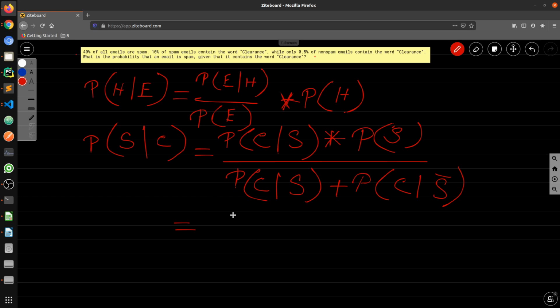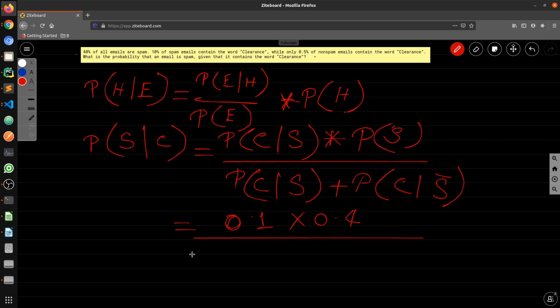The number at the top will be 10% of spam emails contain the word clearance, so 0.1, which will be multiplied with the total probability that it's a spam email, and we know that 40% of all emails are spam, so multiplied by 0.4.